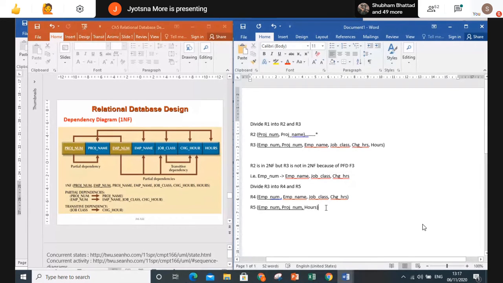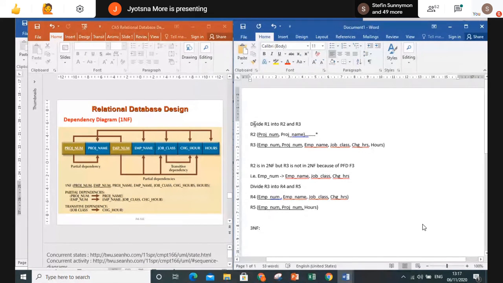Now, next. After this, write down next. 3NF. Just make a box or whatever highlight you want to do. Now, R3 we have broken into two parts. So R3 is not our final answer.